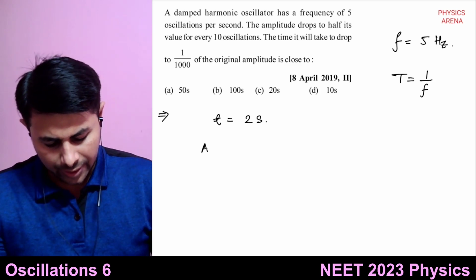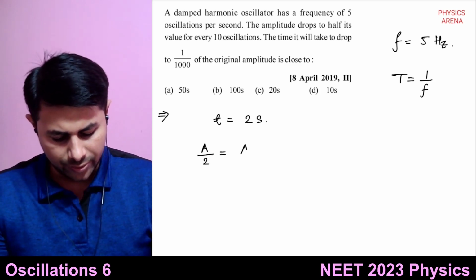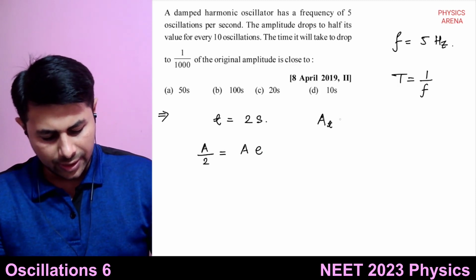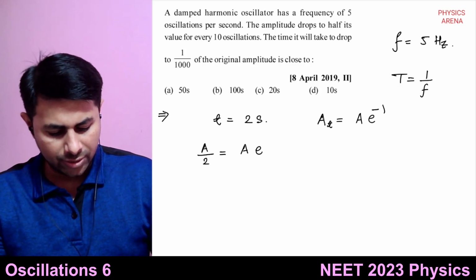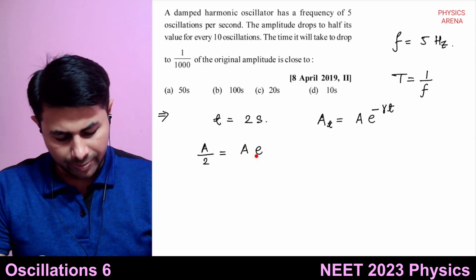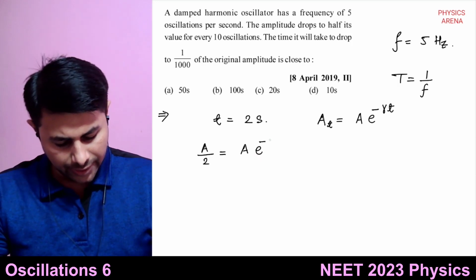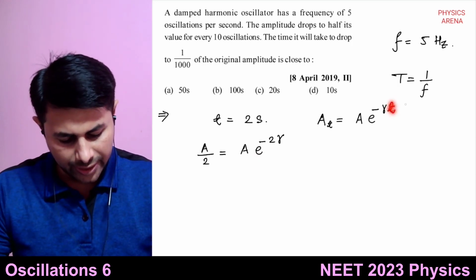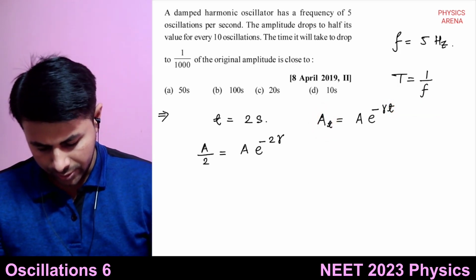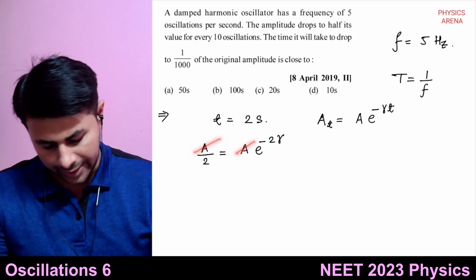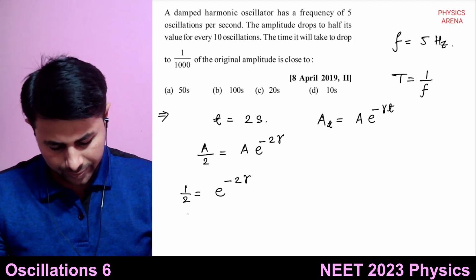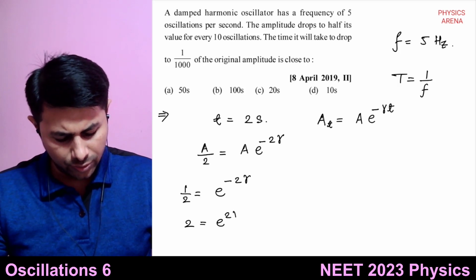Let's write our equation: A(t) equals a multiplied by e raised to minus gamma t. So a by 2 is equal to a multiplied by e raised to minus 2 gamma, since when t is 2 seconds, amplitude becomes half. A and a get cancelled, so 1 by 2 is equal to e raised to minus 2 gamma, or 2 is equal to e raised to 2 gamma.